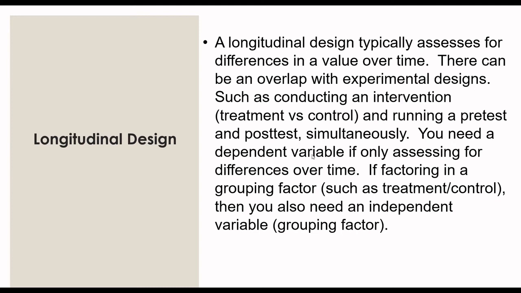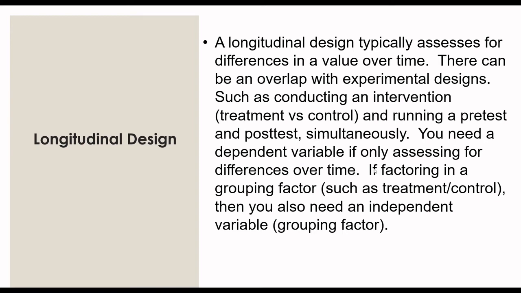So say you're testing for knowledge in nurses. Say everybody takes part in the education, you could give a pre-test to measure knowledge, and everybody's taking the intervention, then you measure all of their post-test scores at the end. That's when you just need a dependent variable.